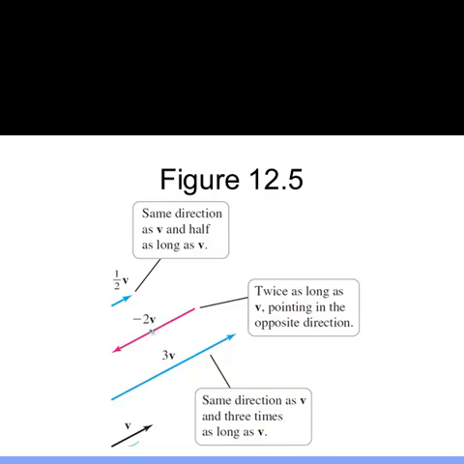So it's twice as long in the opposite direction. That's what -2 times v does for the vector v. Multiply by a number that's smaller than 1, then you'll have a vector that has a smaller magnitude. 1/2 v is a vector that points in the direction of v, but half as long. It has half the magnitude. Okay?